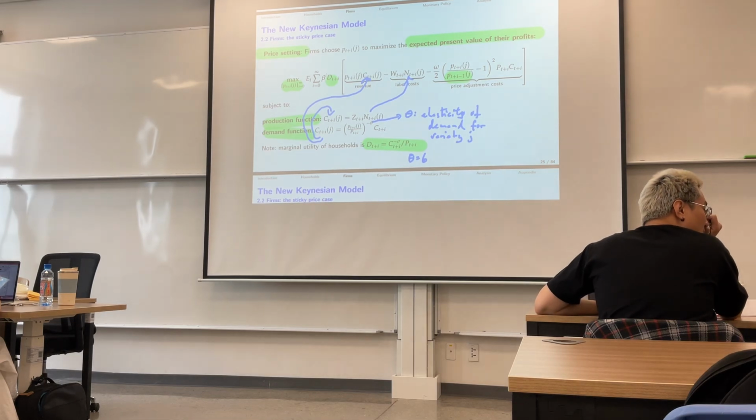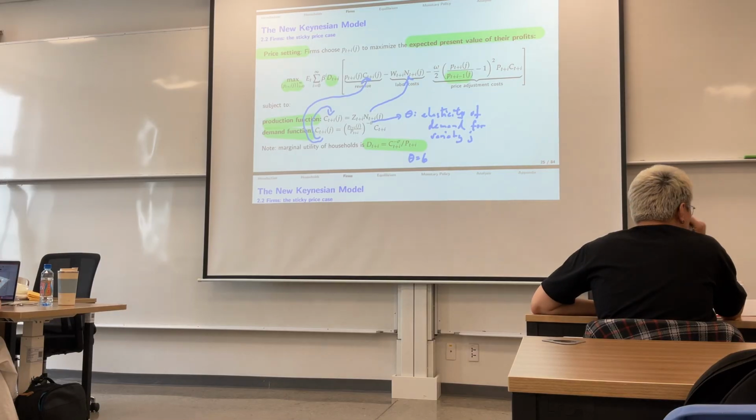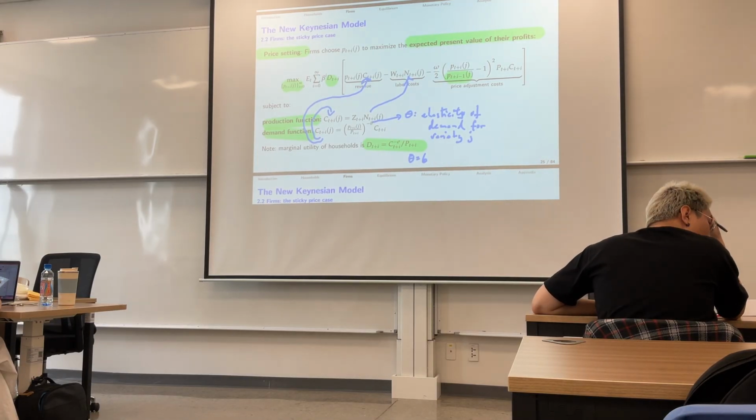That means firms prefer to keep their price unchanged for some time until it's optimal for the firm to change its price because it's eating too much into its profit. So it's a decision when and by how much to adjust prices. That's the whole nature of so-called menu cost or state-dependent pricing models.